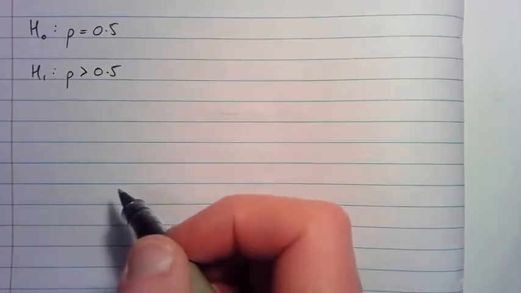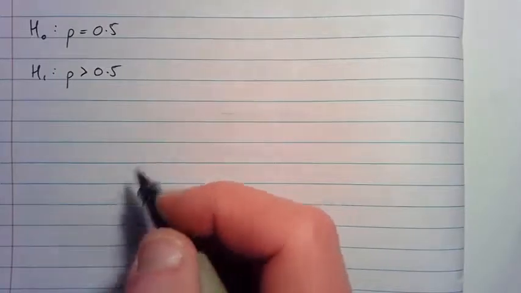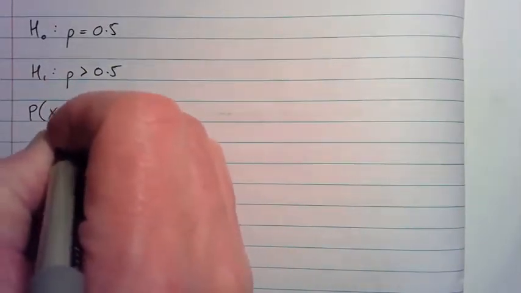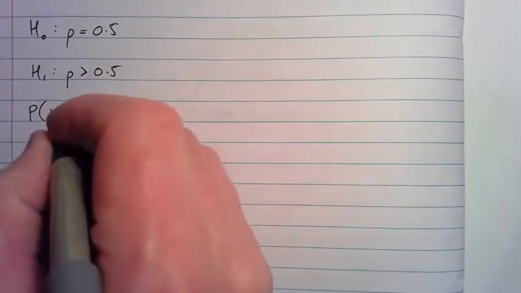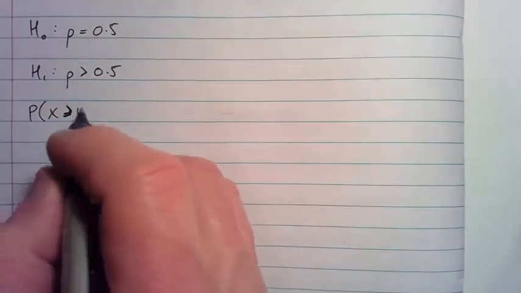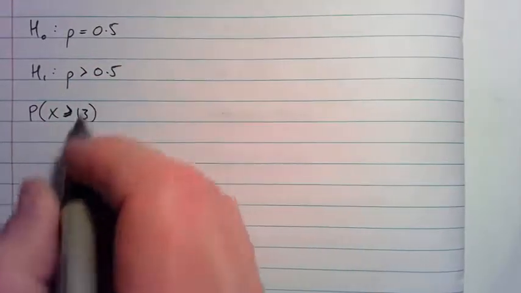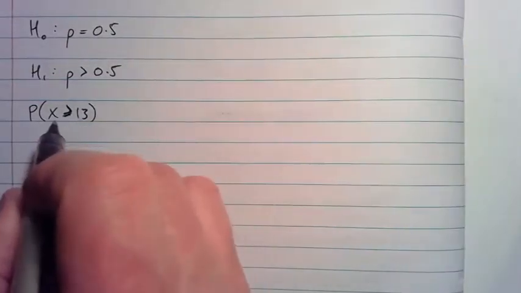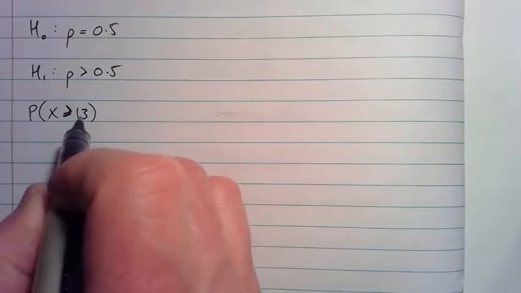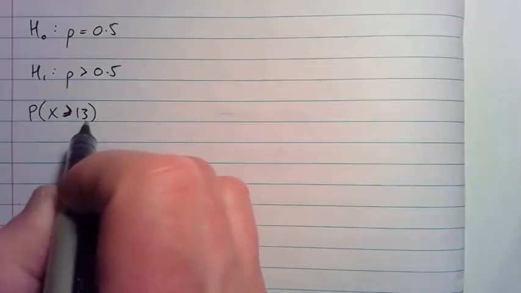Now, when she does the experiment, she gets 13 heads. Whilst it's tempting to work out the probability that x equals 13, what we really need to look for there is the region where it's 13 or more.